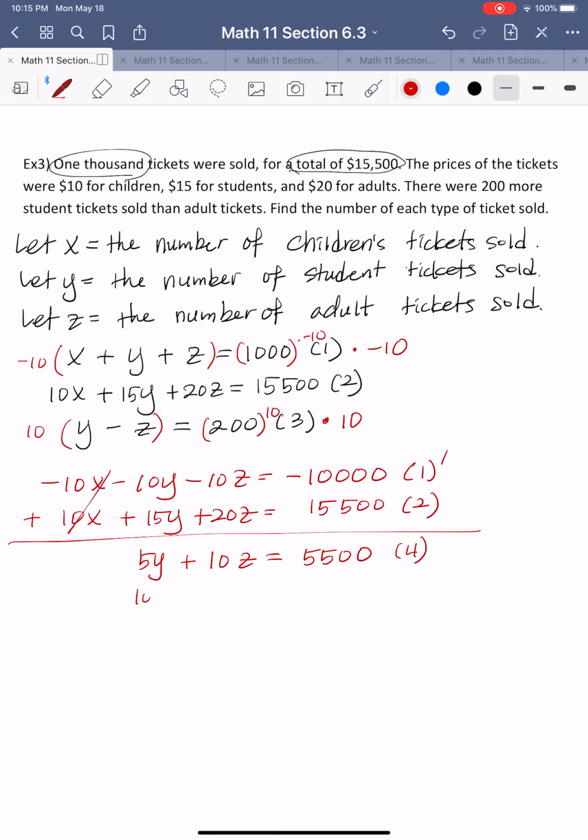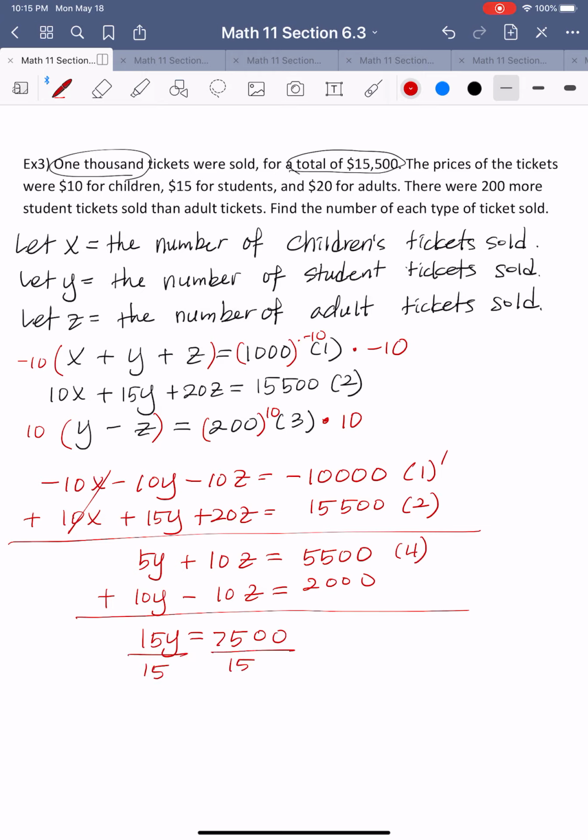So I got 10y minus 10z equal to 2000. So I got 15y equal to 7500. And then divide by 15 on both sides. So y equal to 7500 over 15.